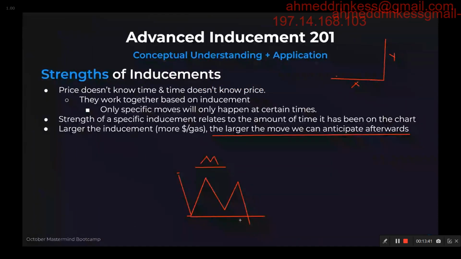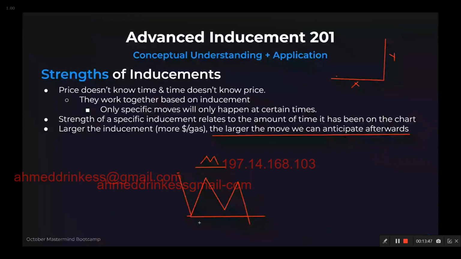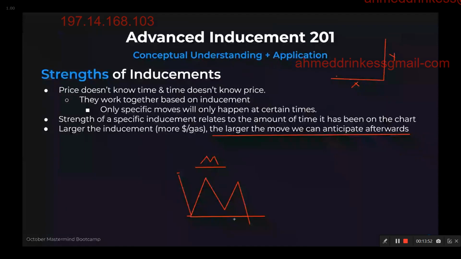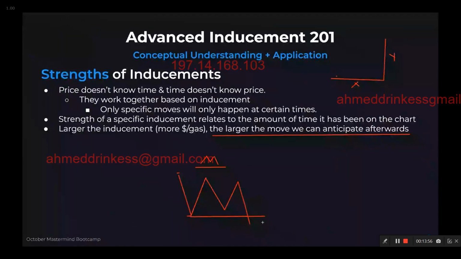Once GU breaks this level, I'm going to be putting my life savings in there, whatever. Some people are crazy, right? That's what they're thinking. So we need to know that the larger the move, no matter what type of inducement it is, the larger it is on the larger time frame it's actually there, and the longer it's spent on the charts, the larger the move.